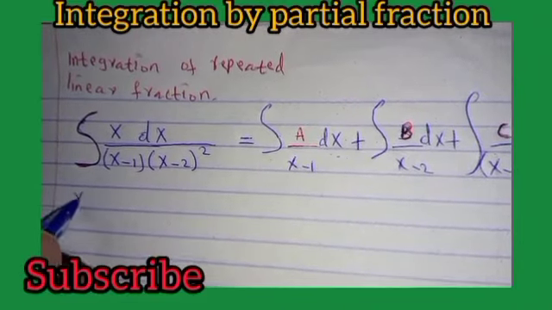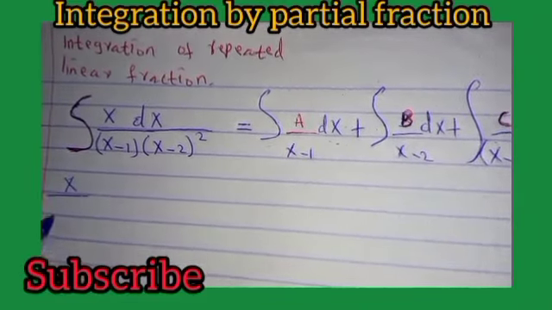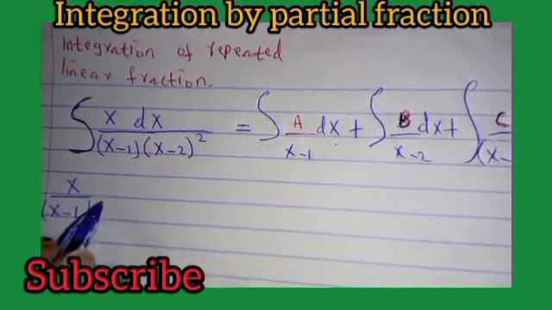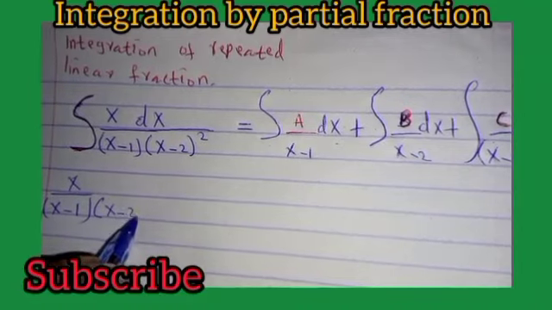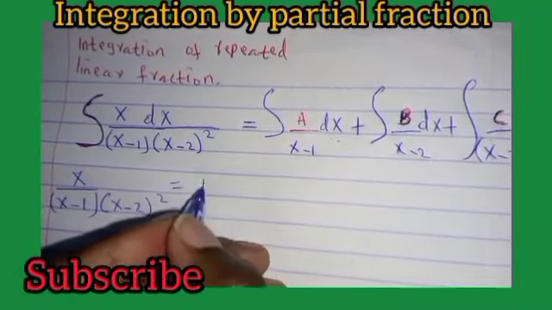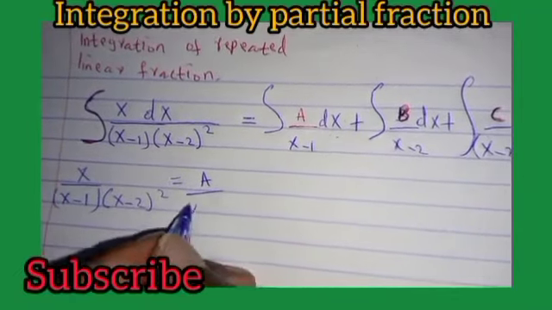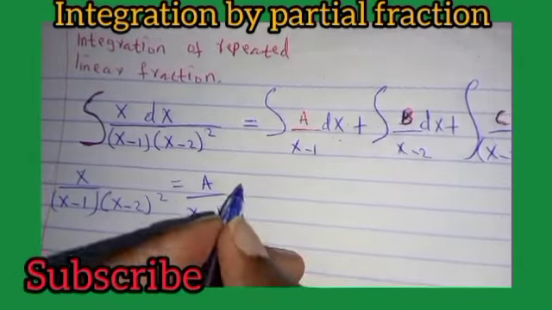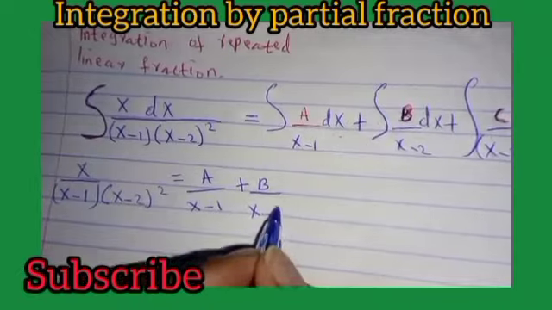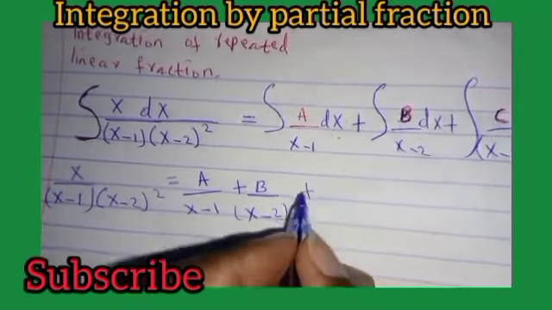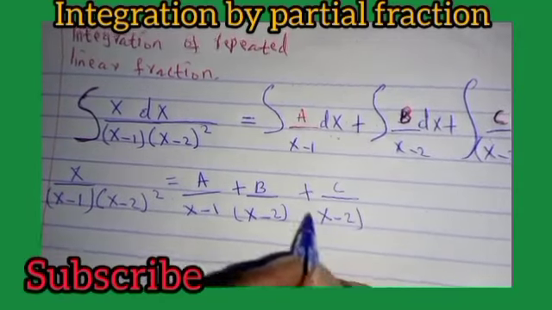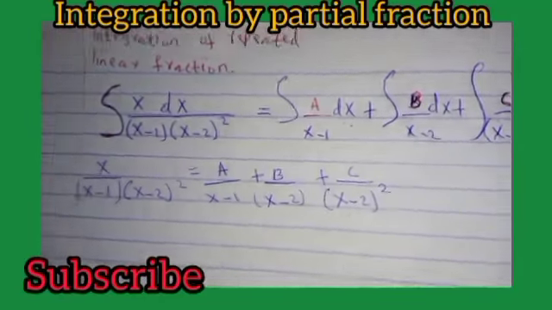So we have x divided by (x minus 1)(x minus 2) squared, which is equal to A over x minus 1, plus B divided by x minus 2, plus C divided by (x minus 2) squared.